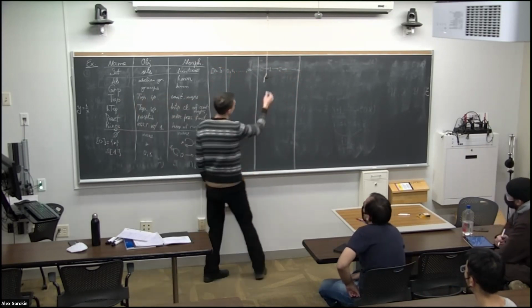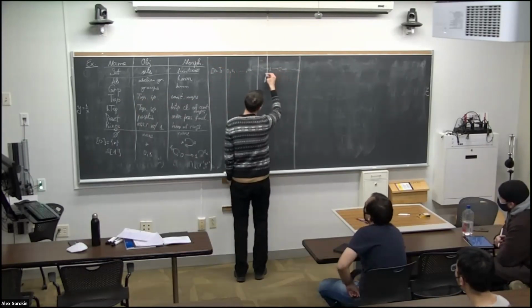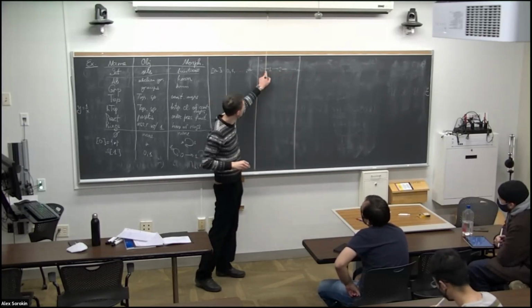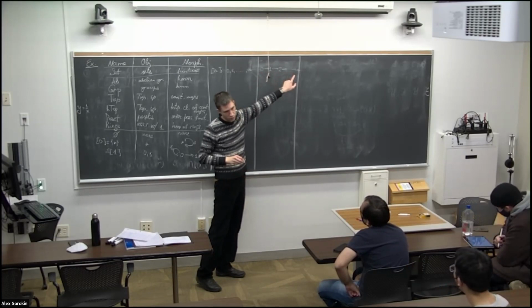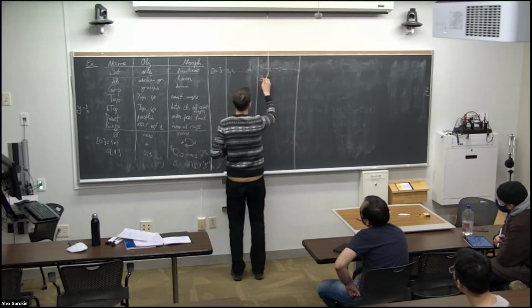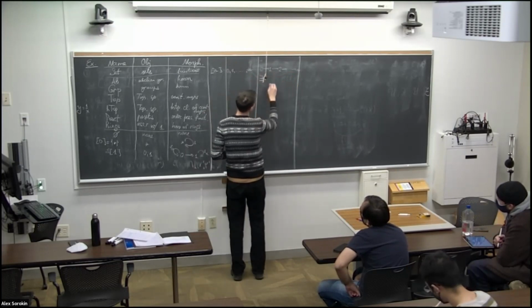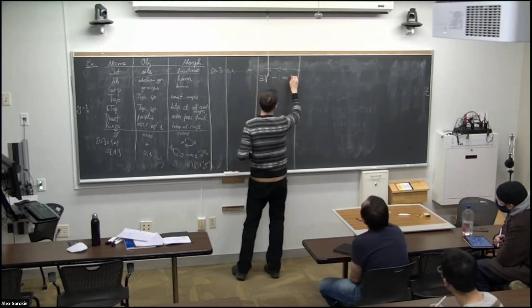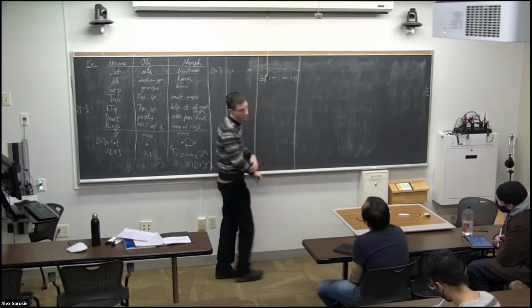Also, we have an arrow from 0 to 2, from 0 to 3, etc. But they are given by compositions of these small arrows. So there is a unique arrow from i to j if and only if i is less than or equal to j.